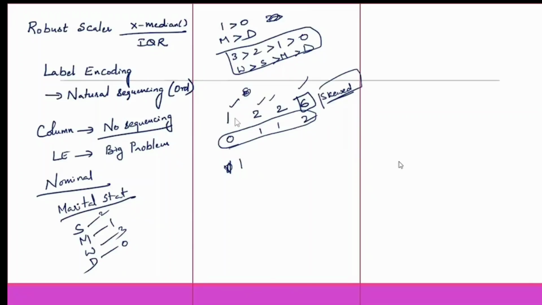But initially you would be doing a data description, descriptive statistics. So you would know how many categories are there in each column. Now, what is the relationship existing between each of the categories? Are they related by a greater than or a less than kind of relationship? Then it becomes ordinal. In that case, it would be better to do either a label encoding or an ordinal encoding.